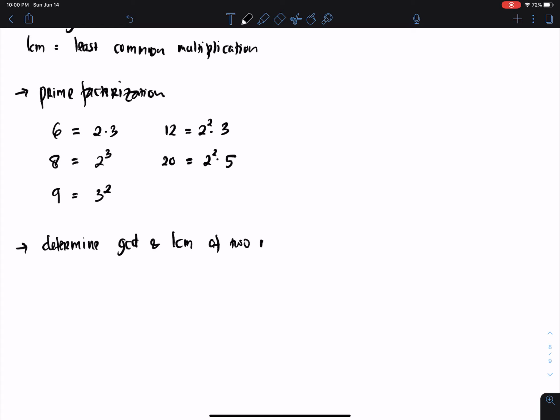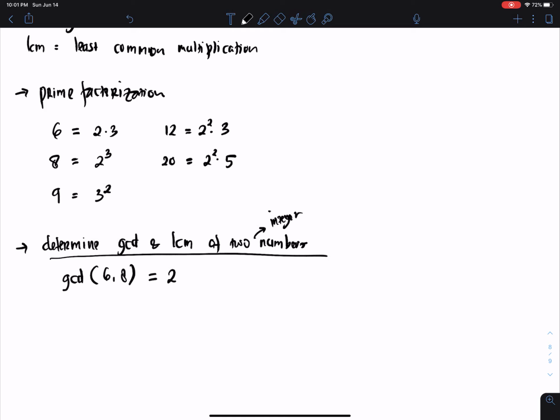We just mention in general two numbers, or to make it specific, two integers. For example, the GCD of 6 and 8, definitely we know it's 2.